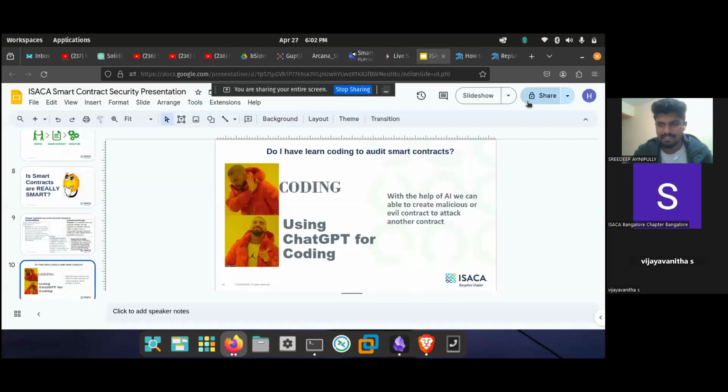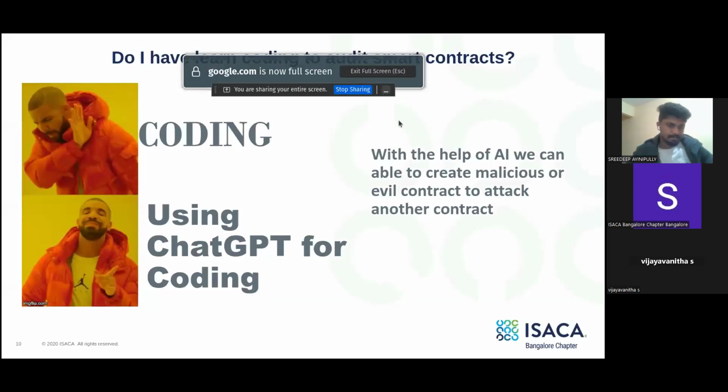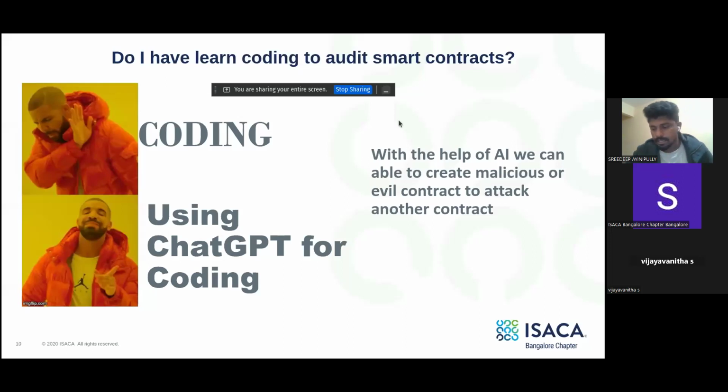Okay. Talking about smart contract auditing, some of you might think that we really need to learn the Solidity language to audit or to start into Web3 security. But when ChatGPT came into play, the coding part became easy for us. If you want a small script, you can just ask ChatGPT and it will write it for you. The same goes here.